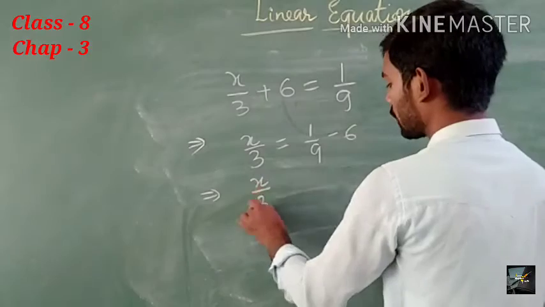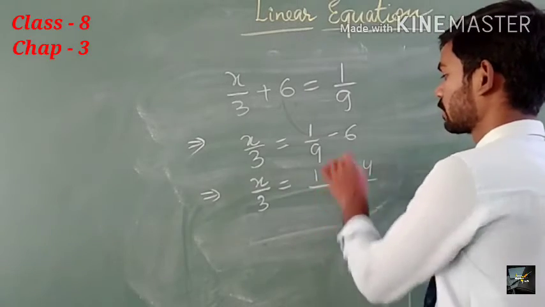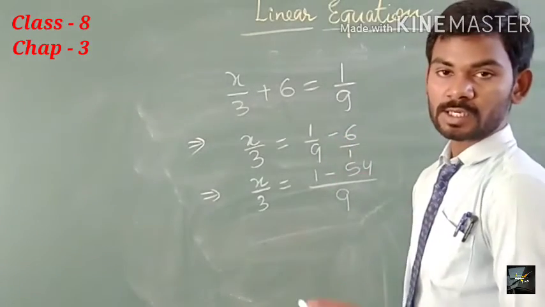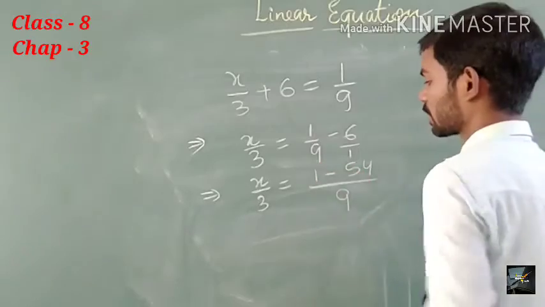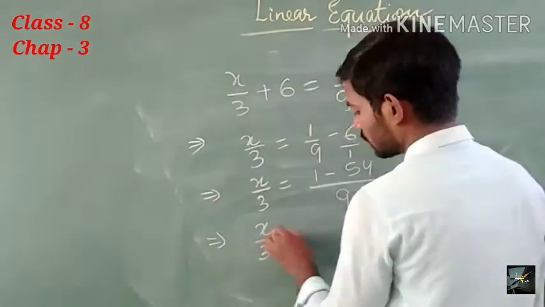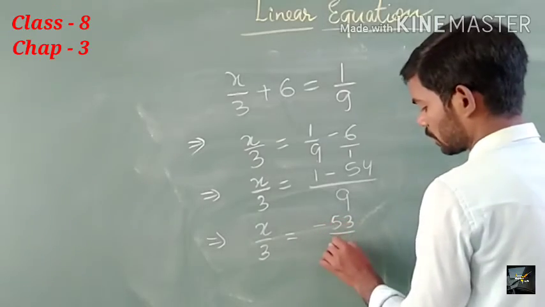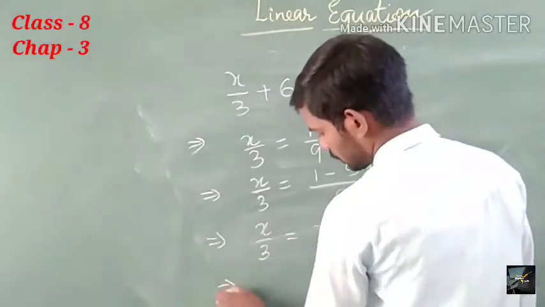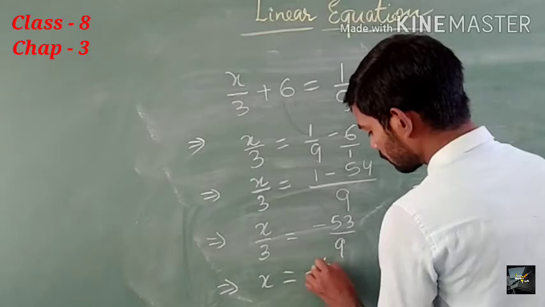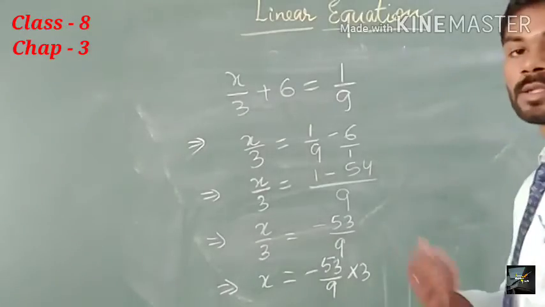So we get x upon 3 is equal to 1 minus 54 upon 9, since 1 upon 9 minus 6 upon 1 are two fractions that are to be subtracted. Again in the next step we get x upon 3 equal to minus 53 upon 9, and in the next step x is equal to minus 53 upon 9 multiplied by 3.